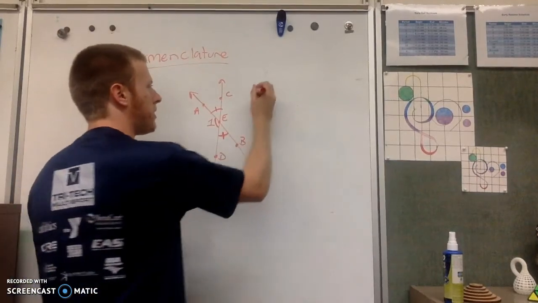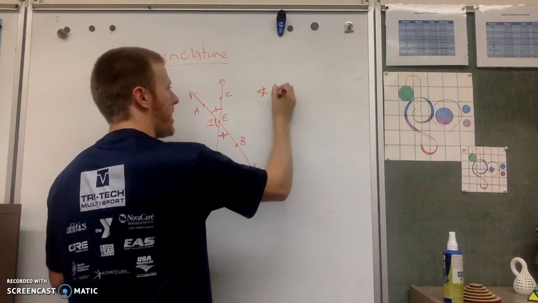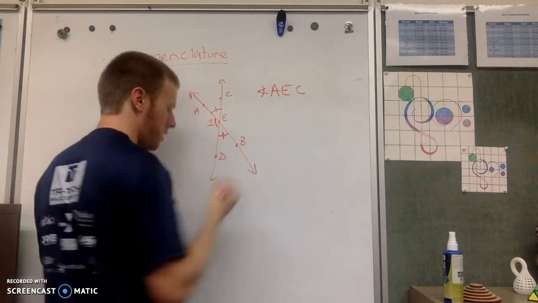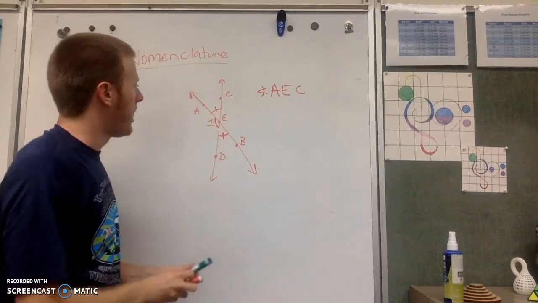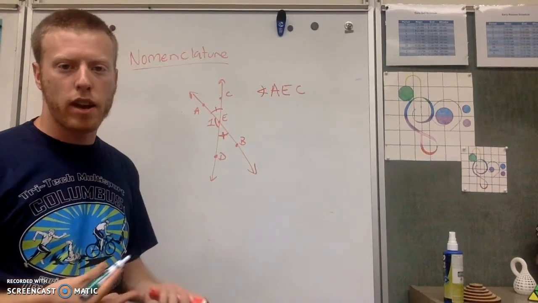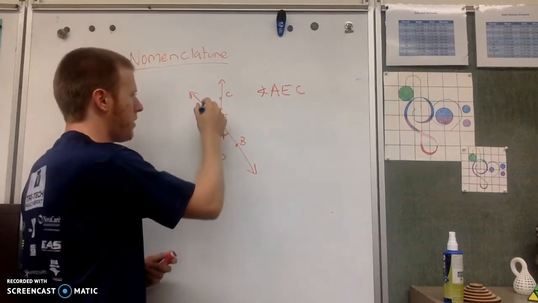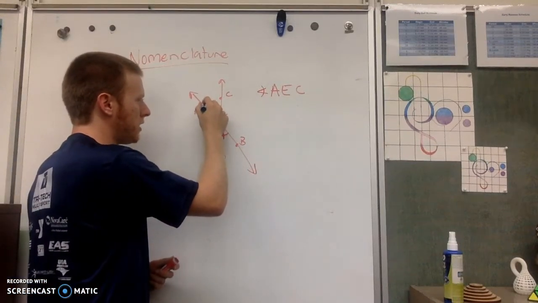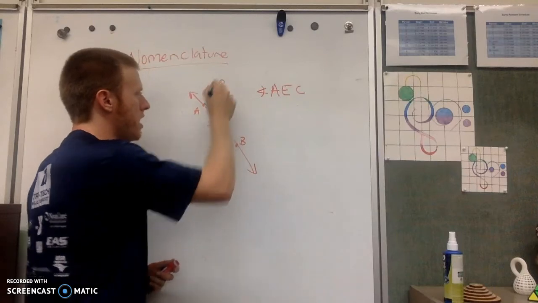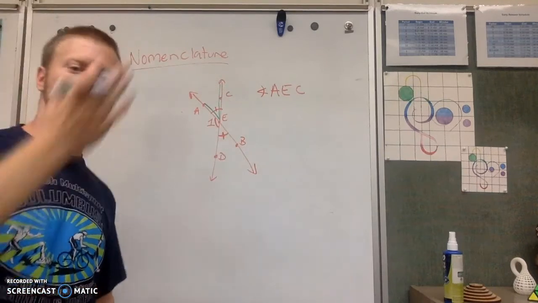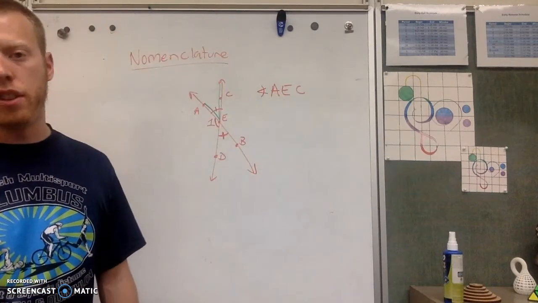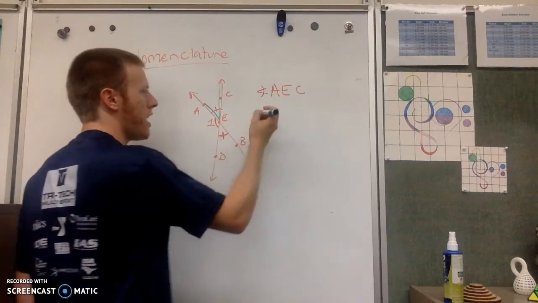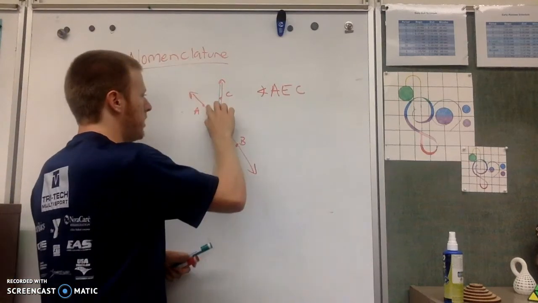So maybe we could say angle AEC. I like to sketch these out with my finger when I spell them out. So if I say, okay, angle AEC, see what I'm doing? As I'm saying it, I'm going from that point to the next point. Okay, so angle AEC.